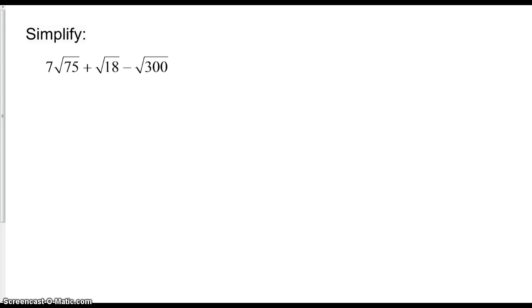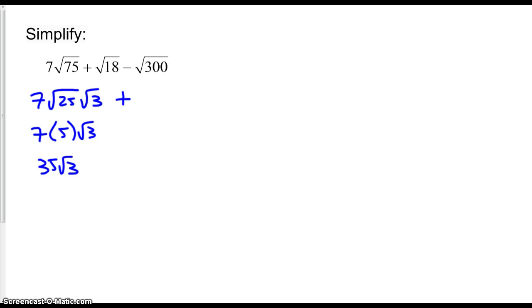Try it again. Okay, in this case, I've got square roots. How about 25 times 3? Which makes this 7 times 5 times square root of 3. So I've got 35 times the square root of 3. And for the 18, let's see, how about 9 times 2? So that's a 3 square root of 2. Let me bring that down here, 3 square root of 2.